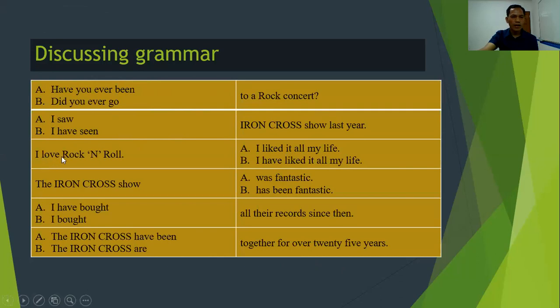And I love rock and roll. I like it all my life. Or I like rock and roll. I have liked it all my life. Which one is correct? The Iron Cross show was fantastic. Or the Iron Cross show has been fantastic.